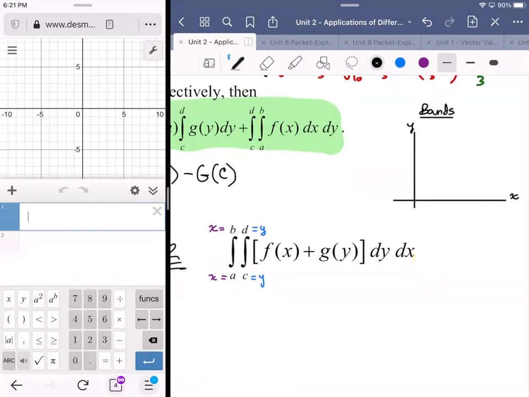Here's X, here's Y. Let me plot X equals A, X equals B. Let me get Y equals A, Y equals C, Y equals B. All right, so what we're looking at here is a rectangular base region.